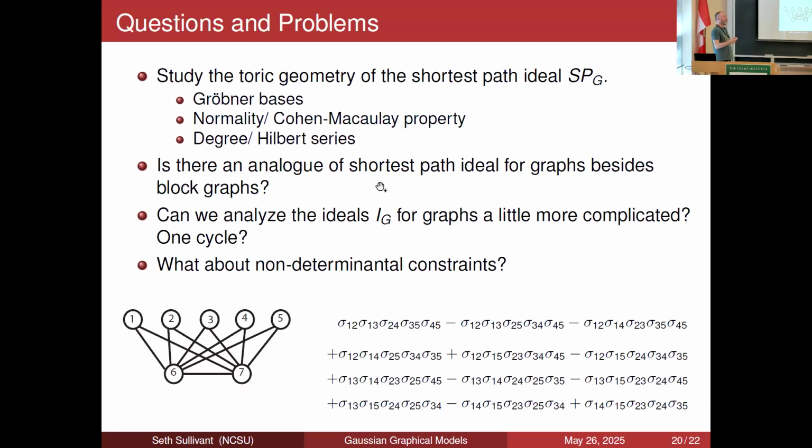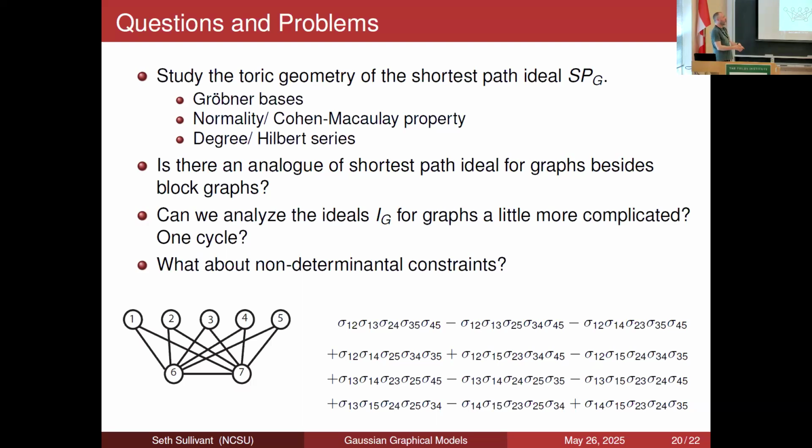The graphs for which we understand the vanishing ideals so far are pretty limited. They're block graphs, fat path graphs, which aren't super complicated, and cycles. Can we do anything to extend beyond that? Like maybe graphs that have one cycle plus some other edges hanging off. Can we even get at that case, which should be generated by equations of degree 3 and 2? I don't know.